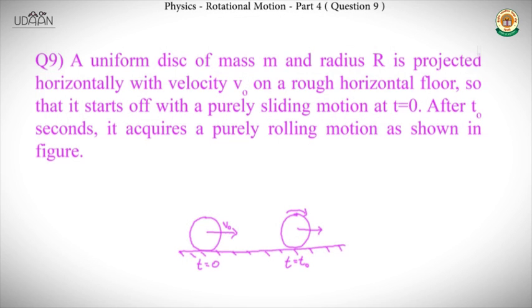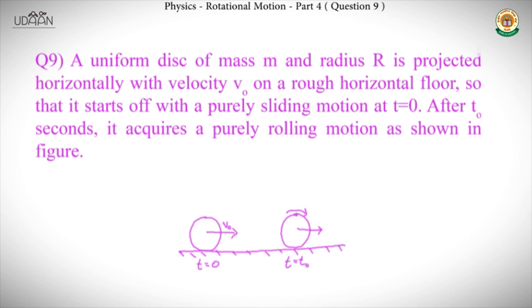A uniform disk of mass m and radius r is projected horizontally with velocity v0 on a rough horizontal floor so that it starts off with a purely sliding motion at time t equals 0. After t0 seconds, it acquires a purely rolling motion as shown in the figure.